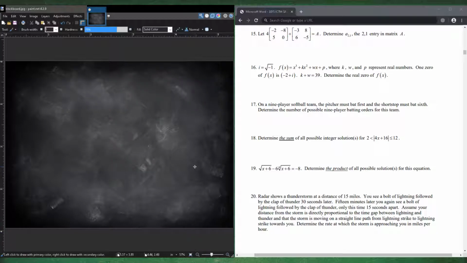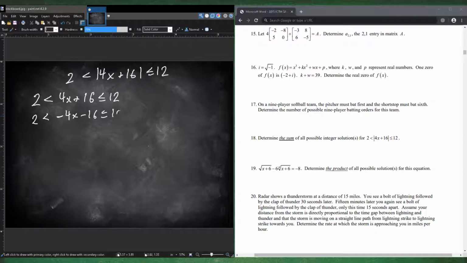Number 18. Determine the sum of all possible integer solutions where 2 is less than the absolute value of 4x plus 16, which is less than or equal to 12. Okay, so integer solutions, and we have to find the sum of it. So we could either have 2 is less than 4x plus 16 is less than or equal to 12, or we have 2 is less than negative 4x minus 16 less than or equal to 12, right?